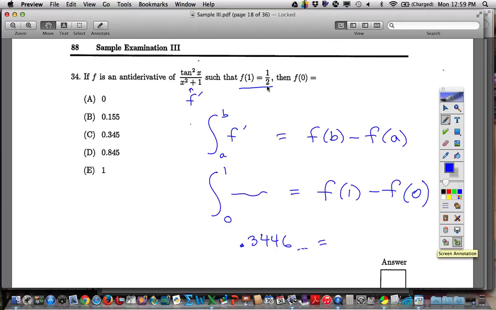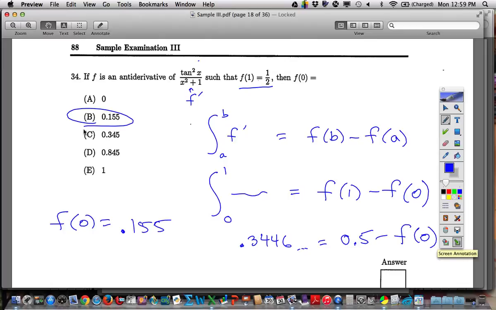Over here we know f of 1 is a half, which would be 0.5. And we don't know f of 0, so we can solve for it. I just add the f of 0 over to the other side and subtract the 0.3446, so it would be 0.5 minus 0.3446, which must be that one right there.